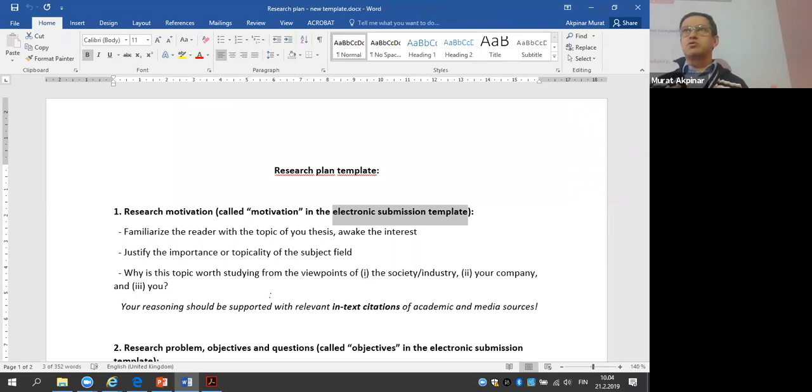Then I and my colleagues will think about the topic and find out who would be the right supervisor for your thesis. Then you will receive an email telling you that your supervisor is Mr. or Mrs. X, and you will start to work with your supervisor.